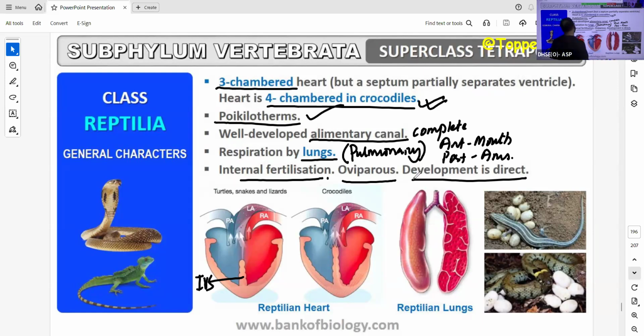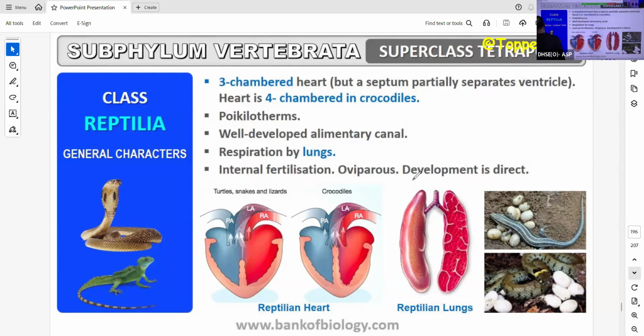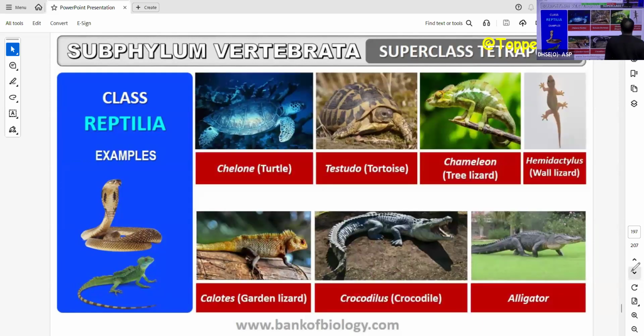Now, all reptiles may not be oviparous. For example, there are certain sea snakes. Sea snakes are viviparous. They directly give birth to their babies.